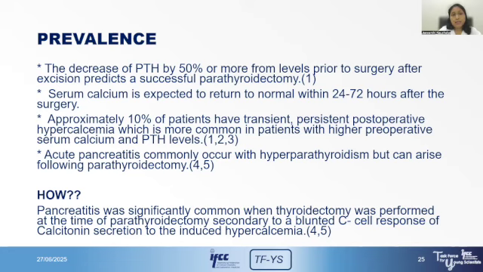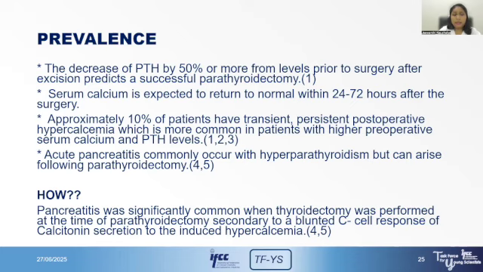Usually, a decrease of PTH by 50% or more from levels prior to surgery after excision predicts a successful parathyroidectomy, and the serum calcium is expected to return to normal within 24 to 72 hours after the surgery. But approximately 10% of patients have transient persistent postoperative hypercalcemia, which is more common in patients with higher preoperative serum calcium and PTH level, like in our patient.